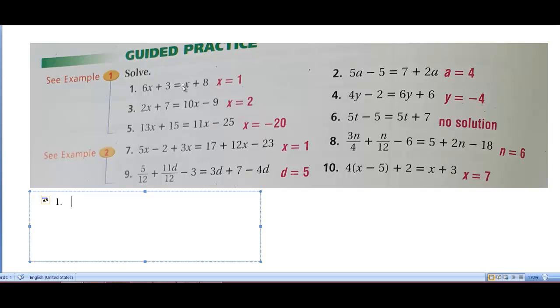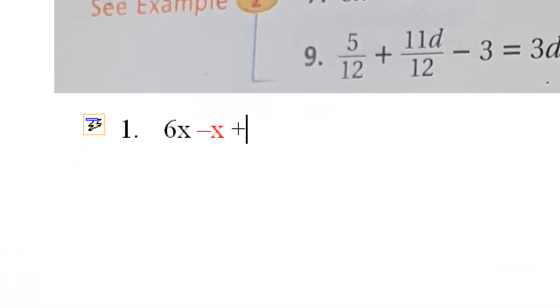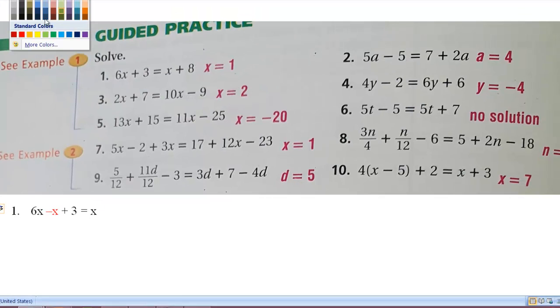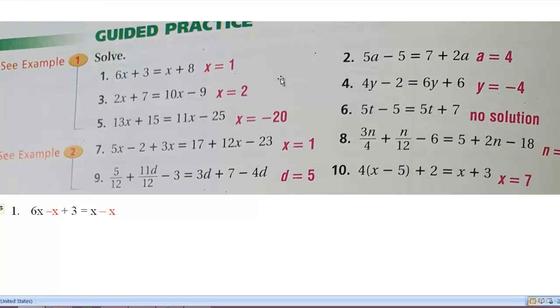So I have 6x minus x, and plus 3 equals x, the original one, minus x, and we have plus 8 in the original equation.